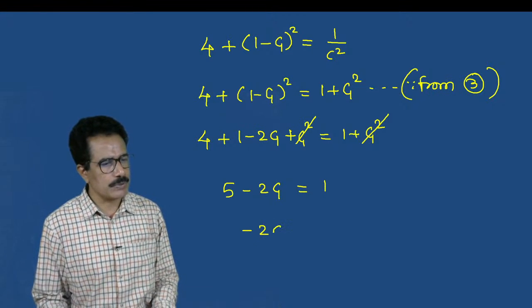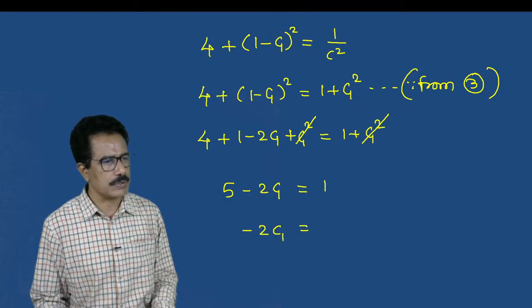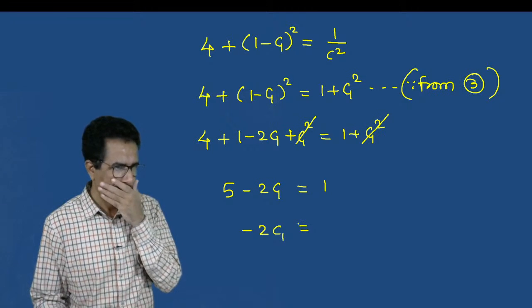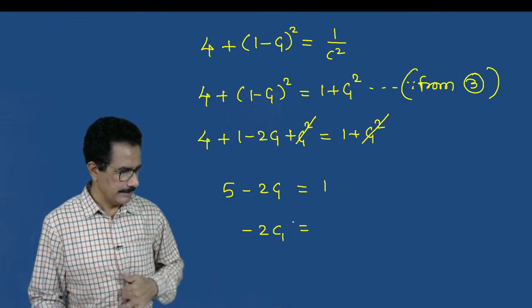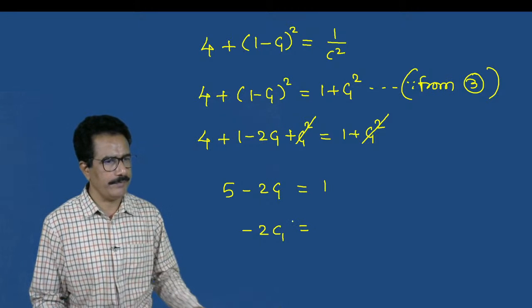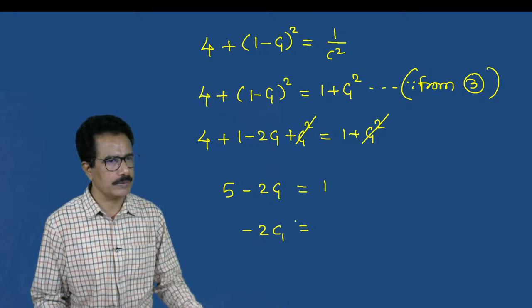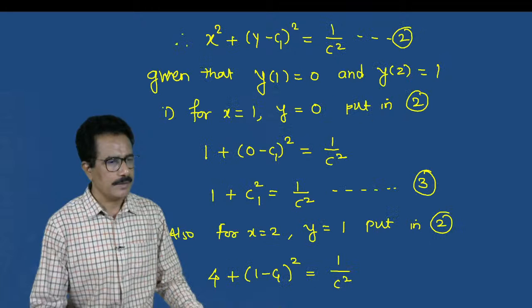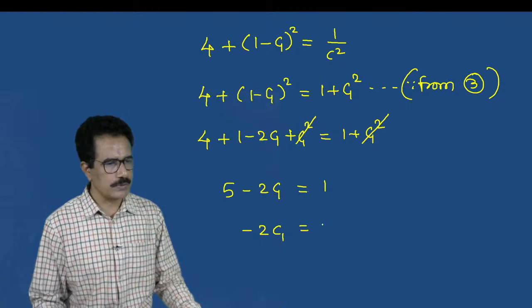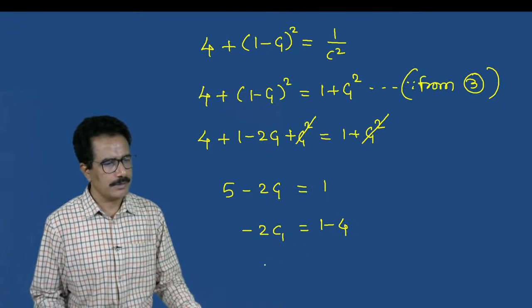So minus 2c1 is equals to 1 minus 5. 2c1 is equals to 1 minus 4.